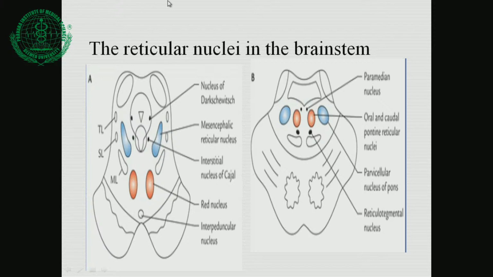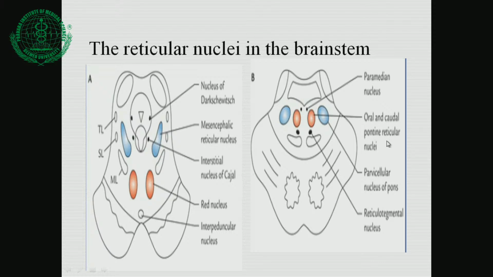These are the reticular nuclei in the brainstem. Mesencephalic reticular nucleus, interstitial nucleus of Cajal, interpeduncular nucleus, red nucleus. This is the midbrain consisting of the reticular nuclei. This is the pons. Which are the nuclei in the pons?